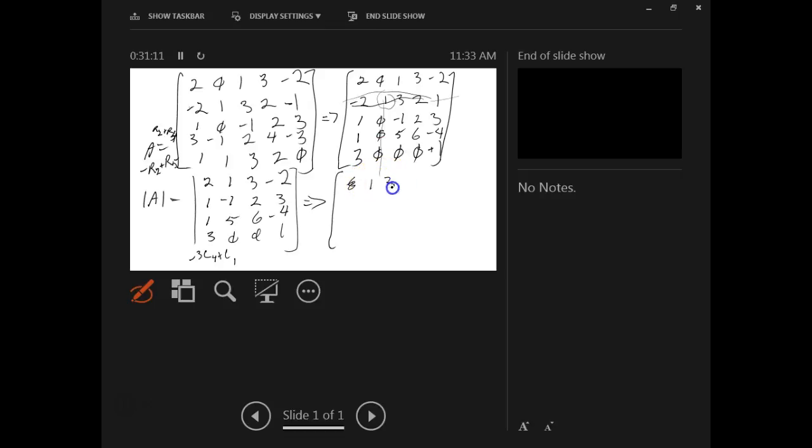And then we'll have a 1, 3, negative 2. Minus 3 times 3 is minus 9, plus 1 is minus 8. We'll have a minus 1, 2, 3. Minus 3 times minus 4 is positive 12, plus 1 is 13. And then we have a 5, 6, negative 4. And then minus 3 times 1 is minus 3, plus 3 is 0, 0, 0, 1.